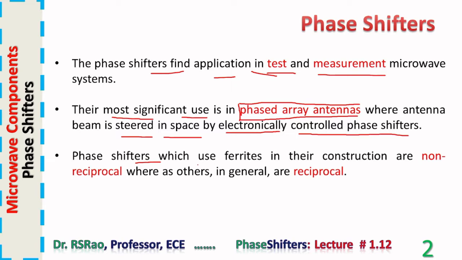Phase shifters which use ferrites in their construction are non-reciprocal, whereas others in general are reciprocal. So most of the phase shifters are reciprocal. A few phase shifters which use ferrites in their design are non-reciprocal.